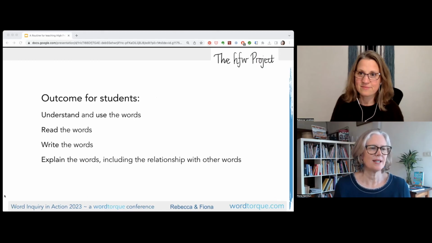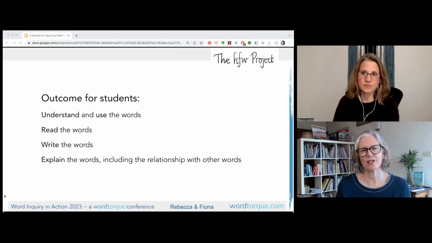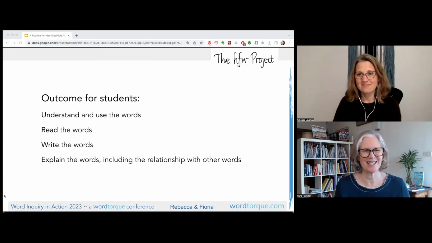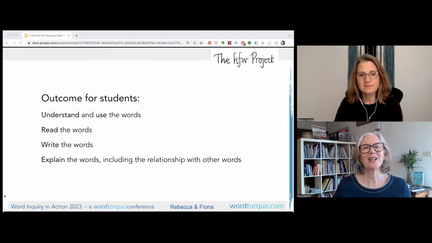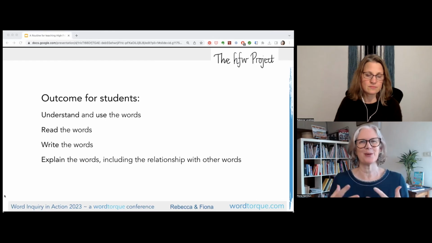And of course, this is to lead to these outcomes for our students so that they can understand and use these words, orally as well as in their writing. We want them to be able to read the words with automaticity, to write the words with automaticity. But beyond that, we want our students to be able to explain these words, including the relationship to other words.